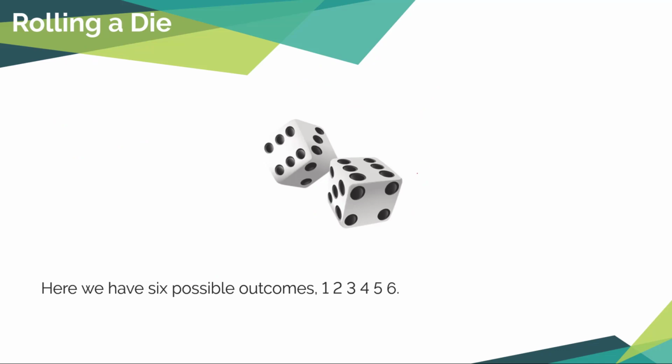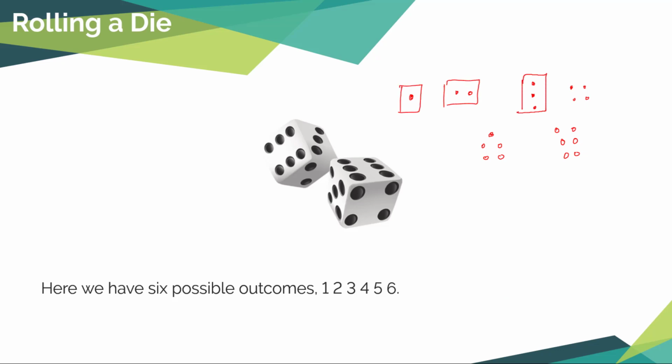A die has 6 faces, we all know. 1, 2, 3, 4, 5 and 6, right? So a die has 6 faces.